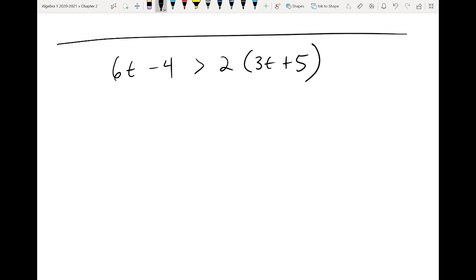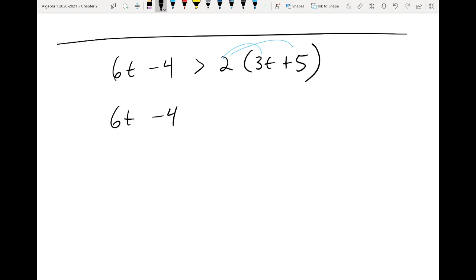A few things are going to happen here. First, we have parentheses where we're going to be able to distribute the 2. So I always remember I like to draw those distribution lines so that I don't forget to distribute to the second term, because that's a common mistake on these problems.